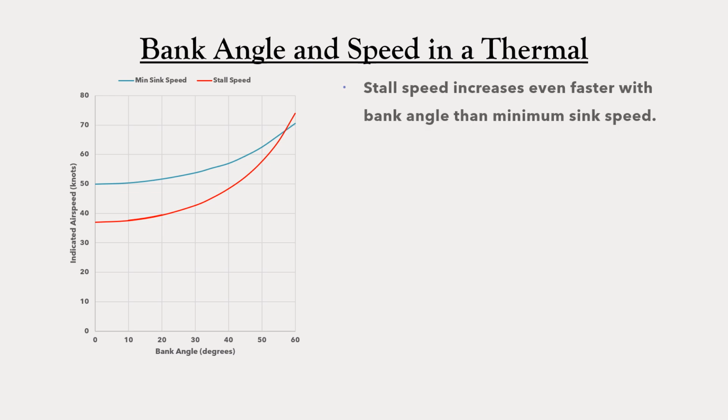So, as we learned in other lessons, the stall speed also increases as you increase the bank angle in coordinated, constant pitch angle flight. And in fact, it increases even faster than the minimum sink speed increases. So in addition to too steep an angle giving you issues with higher sink rate, the other thing it does is it narrows the margin between your sink speed and your stall speed.